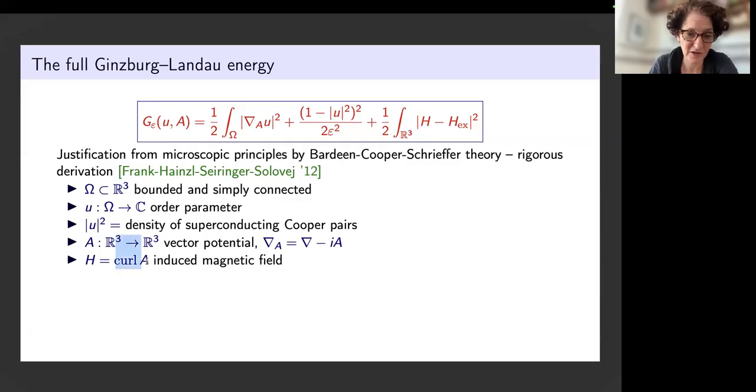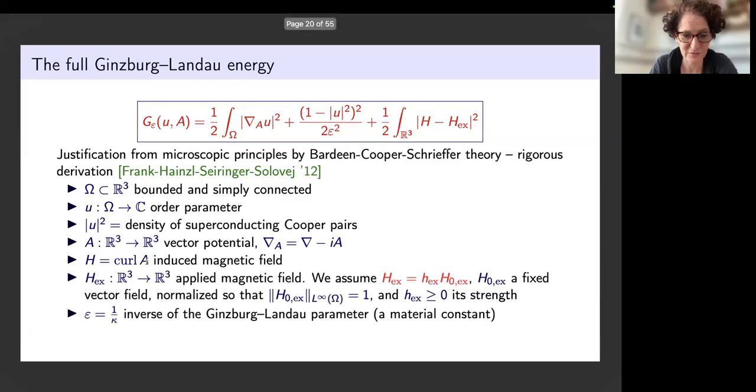So it will be the curl of A. A is the vector potential of the magnetic field, and Hex is a vector field, which is the applied magnetic field. So we'll assume it has an intensity little hex, like before, that we can tune. And then there is some fixed vector field, h0ex, that we don't touch.